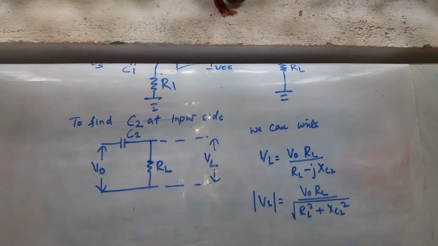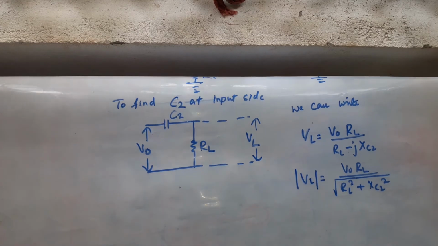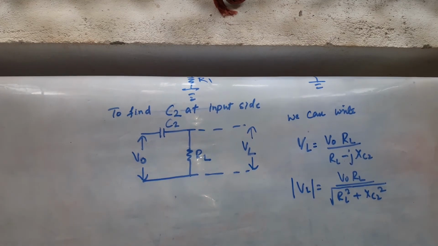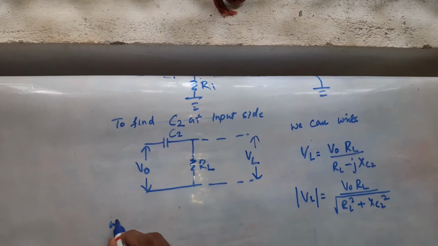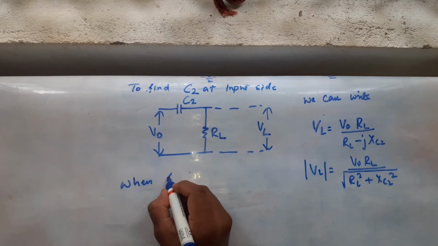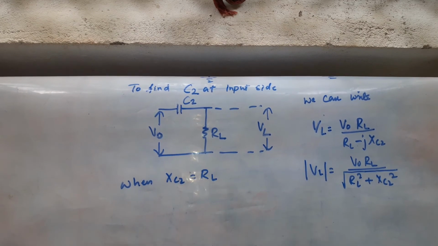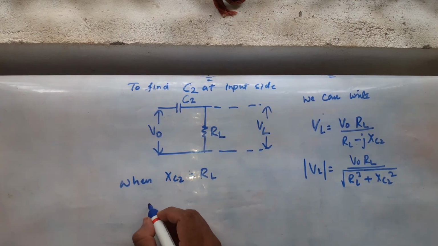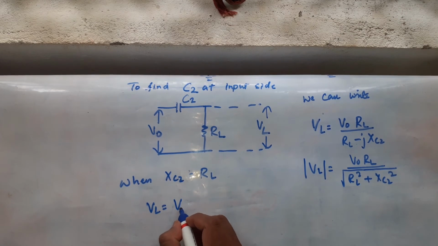Now the thing is, when XC2 becomes equal to RL, why I'll tell you, VL is going to become equal to what?